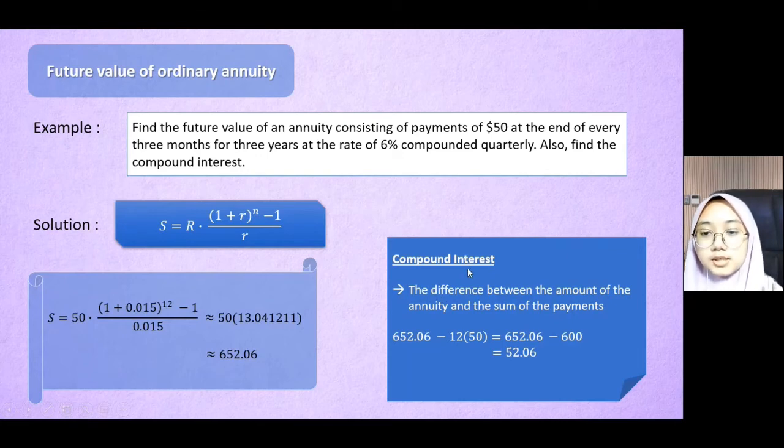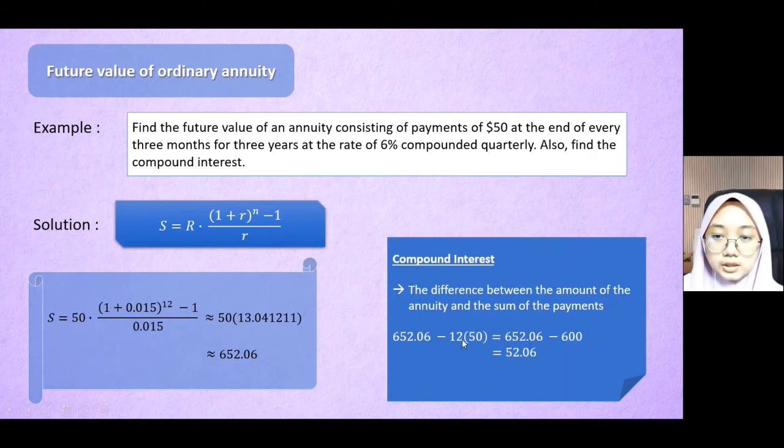Compound interest is the difference between the amount of the annuity, which is $652.06, and the sum of the payments. The amount of the annuity we already have. How could we find the sum of the payments?